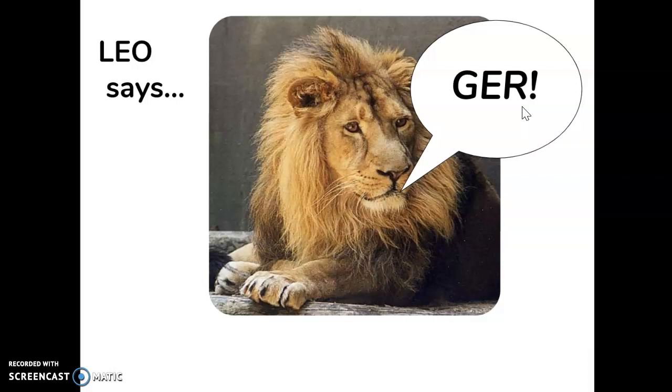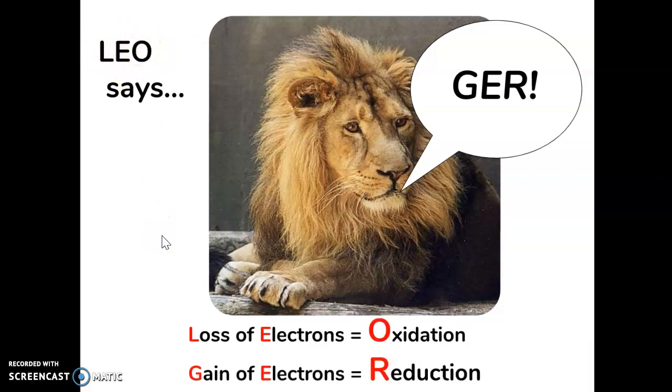I don't know, it could go either way. So Leo here stands for lose electrons oxidation, and GR stands for gain electrons reduction. So this is just a mnemonic to remember that whatever is losing electrons is oxidized and whatever is gaining electrons is reduced. So when in doubt, Leo says GR.